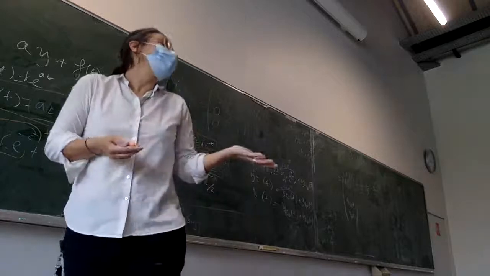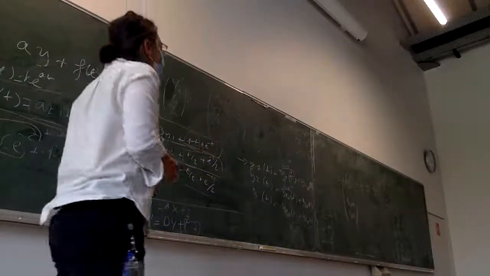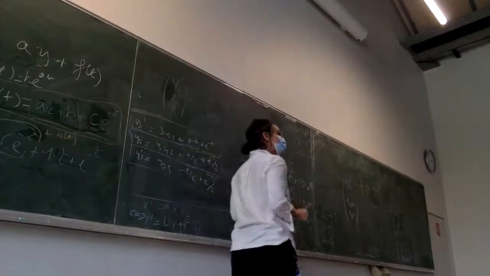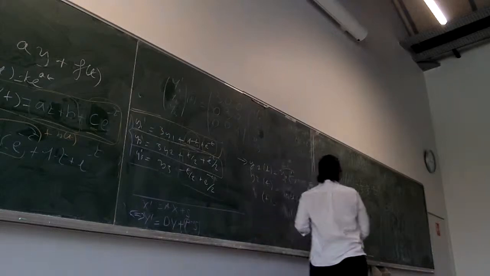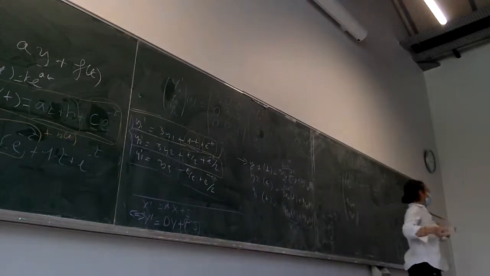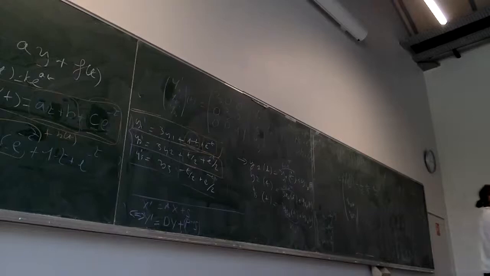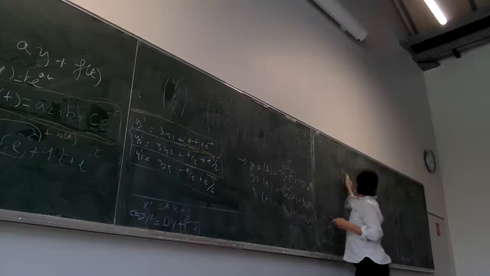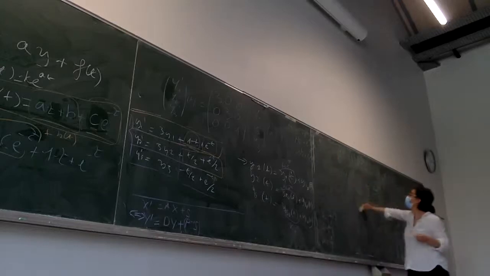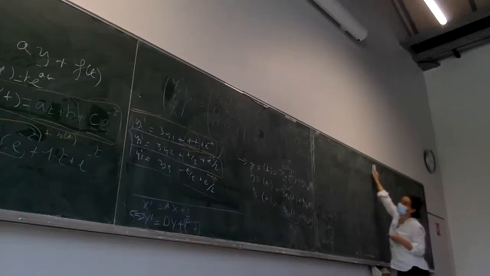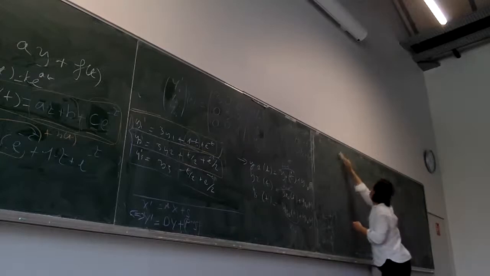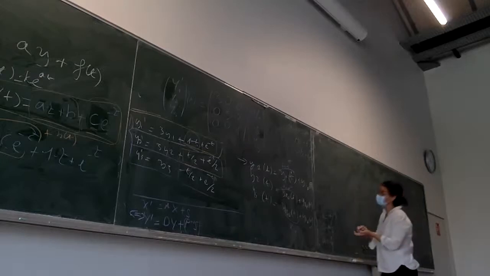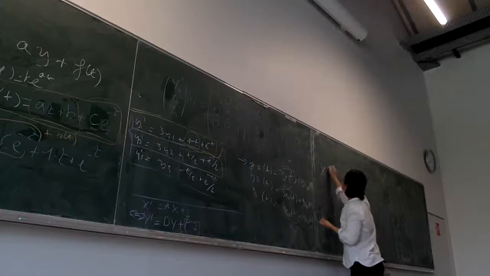Okay, so in the end, when I just need to rebuild the solution in x, I have found completely my y unknown, I just have to go back to x. Okay, and x is, well, we have this relation between x and y.